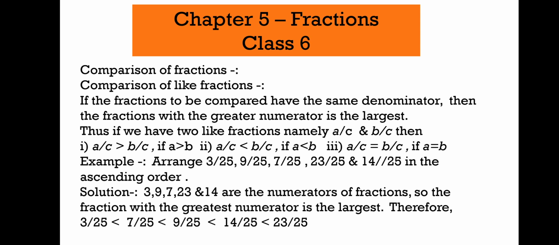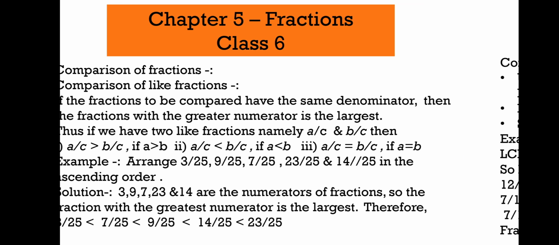So the fraction with the greatest numerator is the largest. Therefore, 3 upon 25 will be the smallest of all. It is in the ascending order, so increasing order, smaller to larger. So 3 upon 25 is less than 7 upon 25, less than 9 upon 25, less than 14 upon 25, less than 23 upon 25.